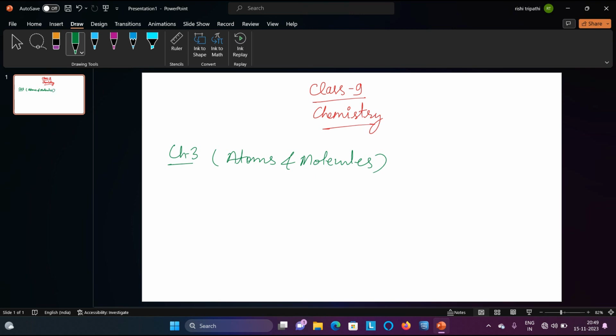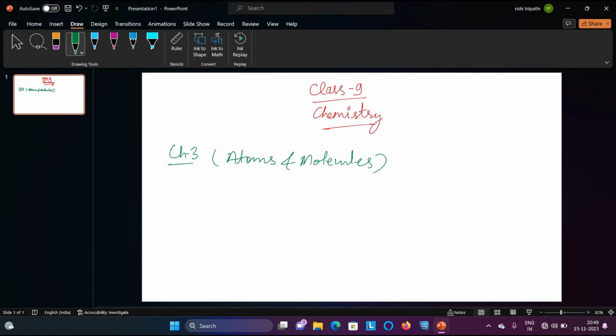So we have seen the postulates of Dalton's atomic theory in part 3. The first postulate was that all matter is made up of very tiny particles called atoms. The second postulate was that atoms are individual particles which cannot be created nor destroyed in a chemical reaction.